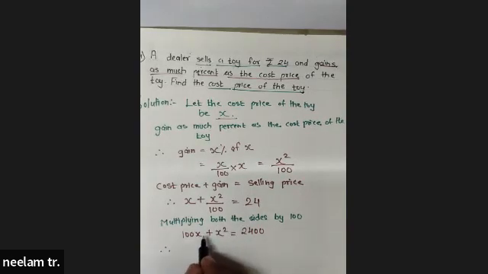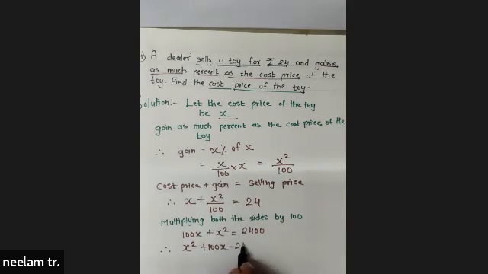That is x square plus 100x. This 2400 had a plus sign, so when it comes to this side, it will become minus 2400 is equal to 0. Now this is my standard form of quadratic equation.